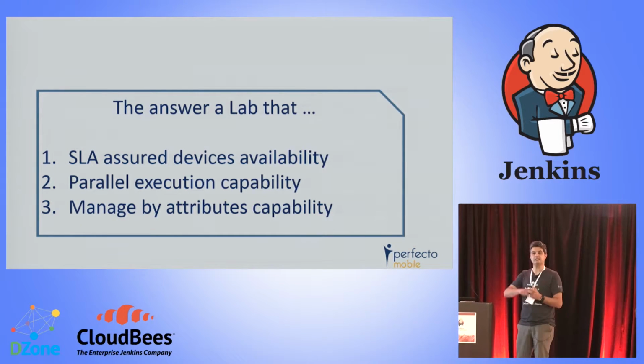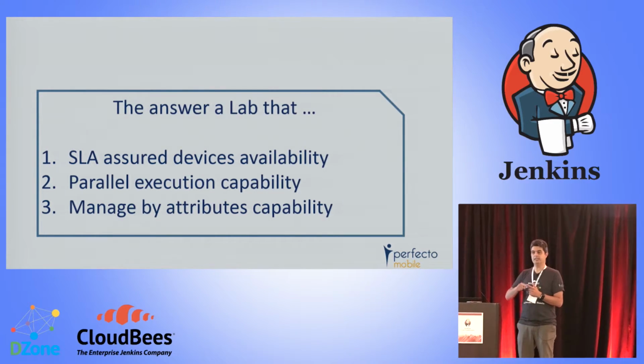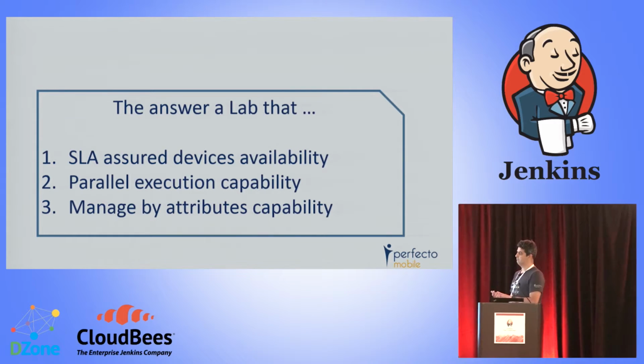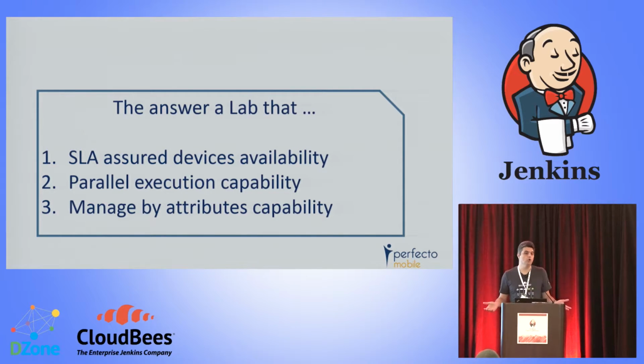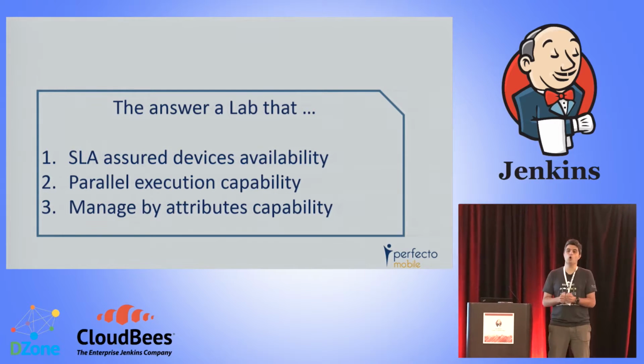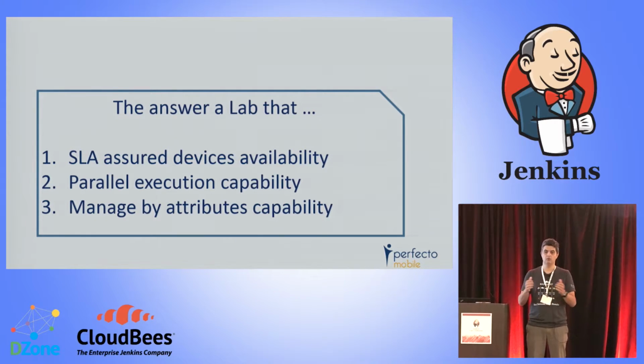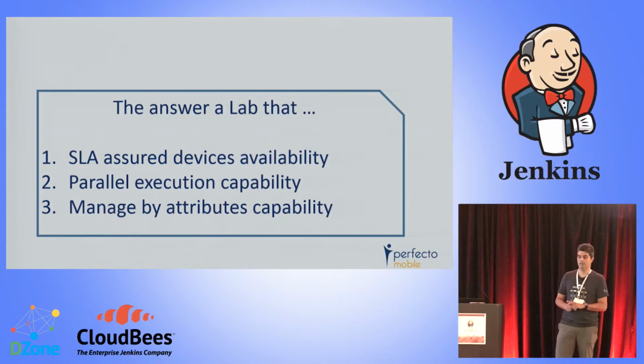Because this is a CI. This is a continuous process. It needs to continue. Parallel execution is also very important. So we have 20 devices. If I can't execute all my tests on the devices at the same time, I did nothing. Because in this case, I will have to wait a lot of time. And then I will not be able to achieve my agile and my very short time frame.